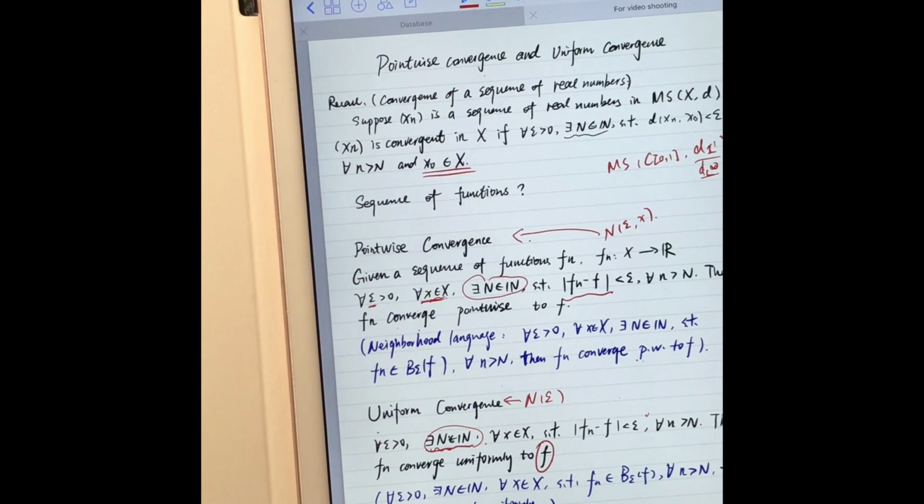So what if the sequence of functions are all integrable? What if the sequence of functions are all differentiable? What happens to the function that they are converging uniformly to? We might talk about that in the next video.